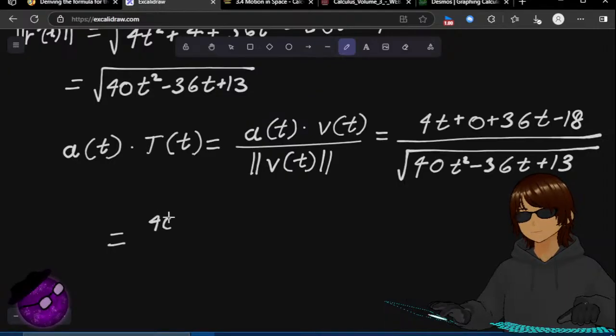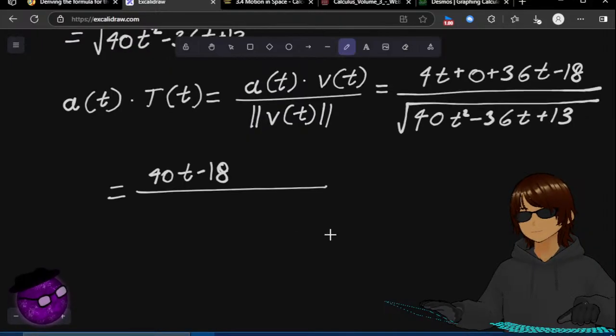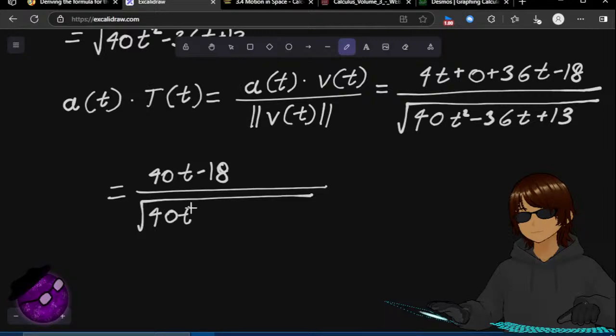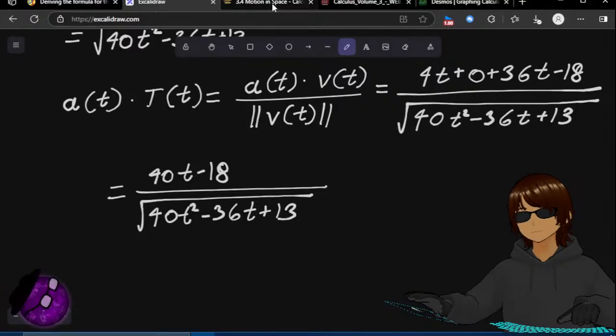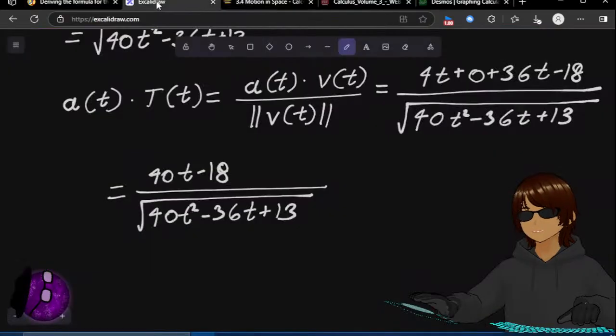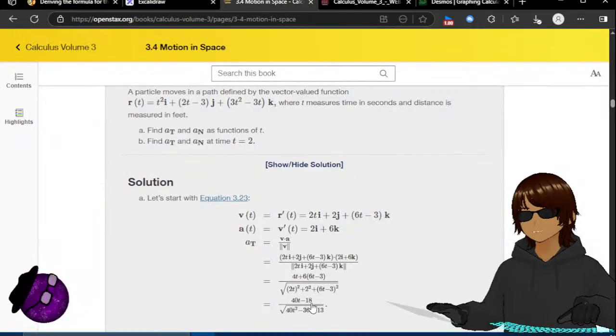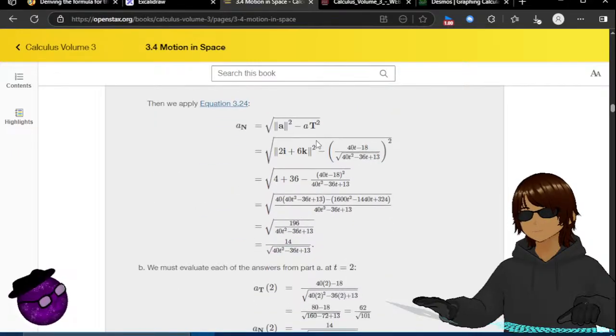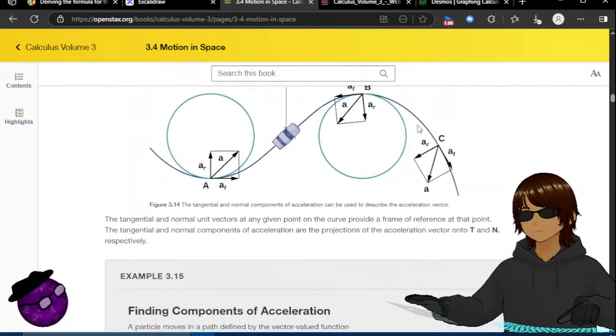So we are left with 40t minus 18. Forty t squared minus 36t plus 13. And we have to do something similar.